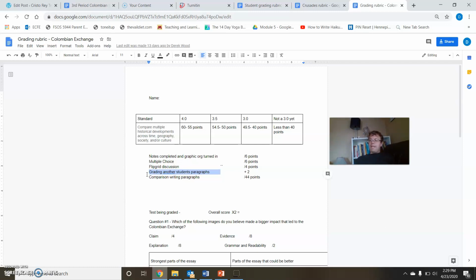That means you could have 18 points right there before you even get to your writings. If you do all of these steps, there's about a 90% chance, better than that, you're almost guaranteed, as long as you work your hardest and try your best on your CEE paragraphs, that you are going to pass this. And lastly, your comparison written paragraphs are worth 44 points. This will be added up and graded as usual out of 4.25.